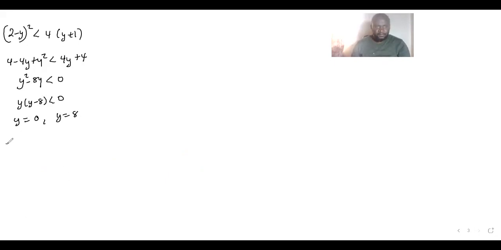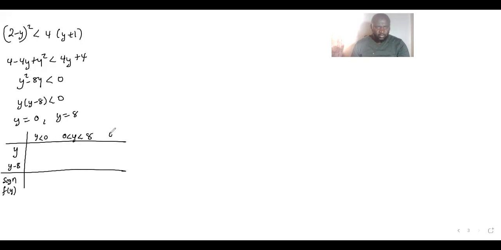So therefore, I can have y times y minus 8. Sign of the function in terms of y: y less than 0, 0 less than y less than 8, y beyond 8.